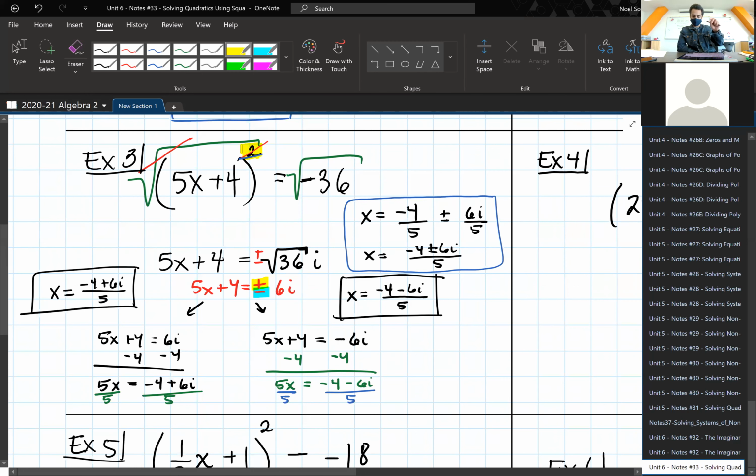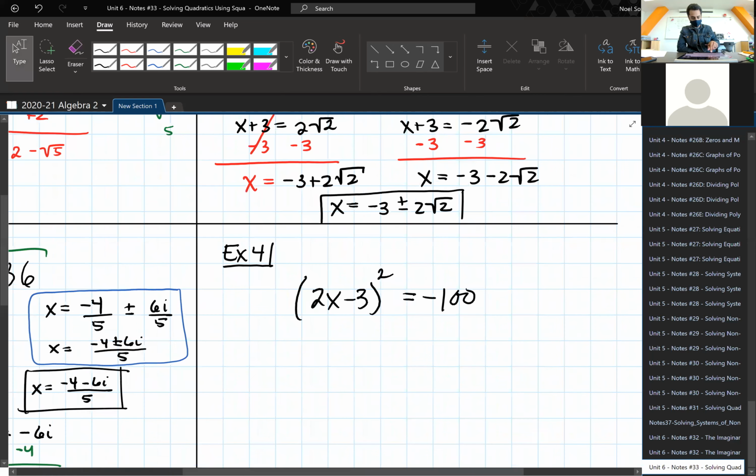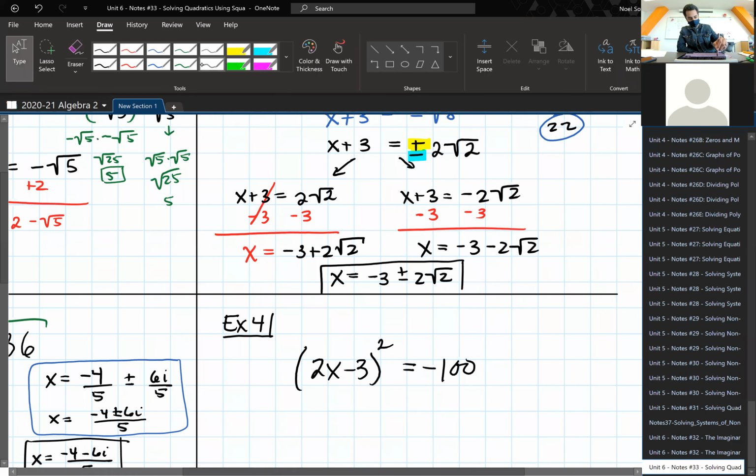It was 2 answers, but I condensed it. So if you go back, this is one solution. This is the second solution, but then I would just condense it. You see how I use the plus minus here? I condense how I write my solution, but it's still two separate answers.